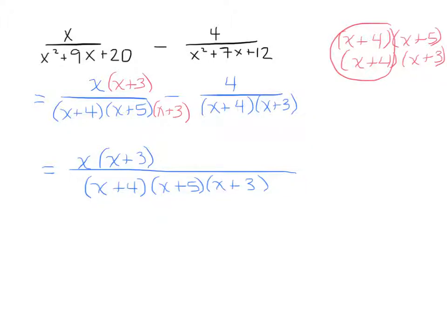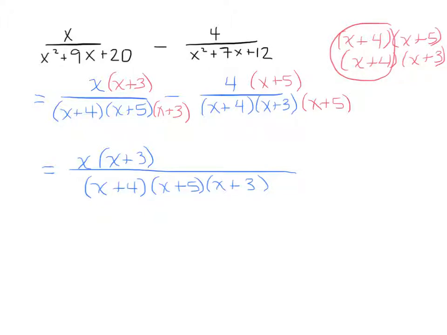So then take a look at the second denominator. The second denominator is x plus 4 times x plus 3. So if you look at the common denominator, it has the x plus 4 already. It has the x plus 3 already. It's missing the x plus 5. That's what we multiply by. Because that changes the denominator into what we want.